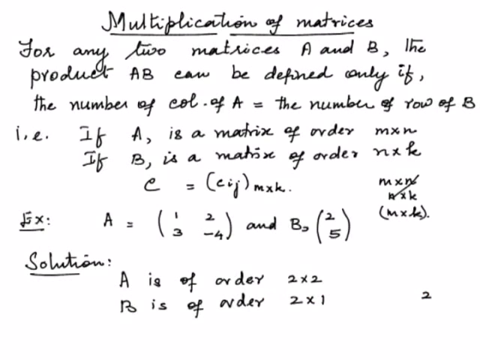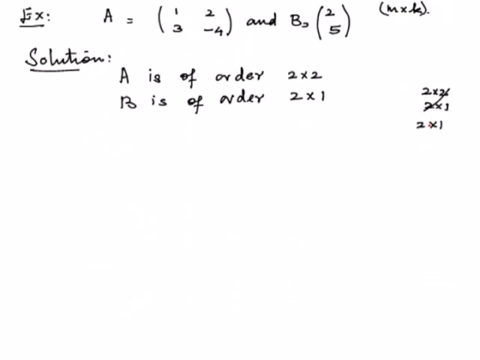So, in your rough column, you can do the backslash. The resultant should be of order 2 by 1. So, the product matrix C is of order 2 by 1. Let us proceed to find the value of the resultant matrix.